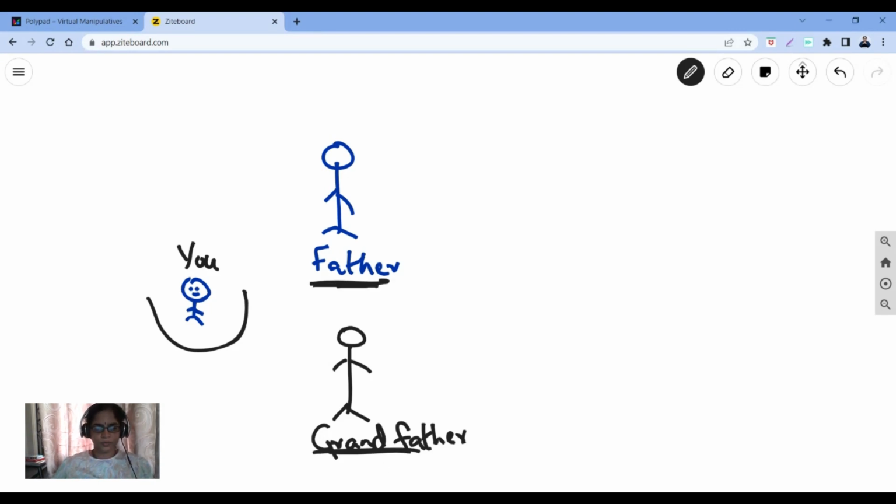Like that, you understood. Then when you started growing, you became a big child. You understood that grandfather is father's father. You started understanding the relationship between your father and your grandfather.